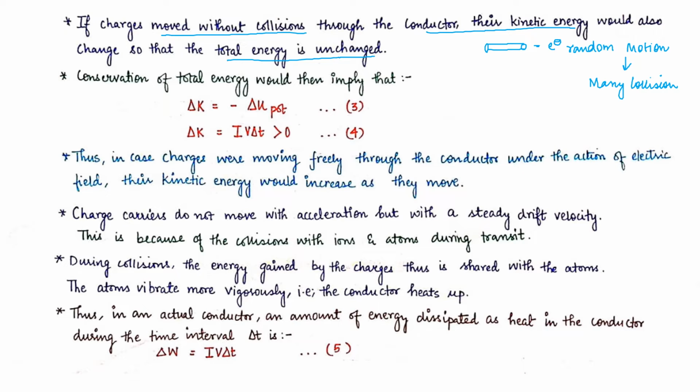But we have taken another case where the motion is systematic, and they are hence showing no collision during motion. So when they are showing no collision during the motion, the total energy of the system is unchanged.